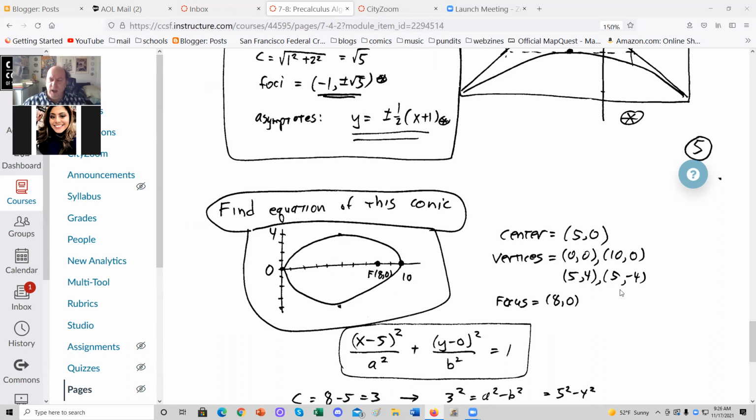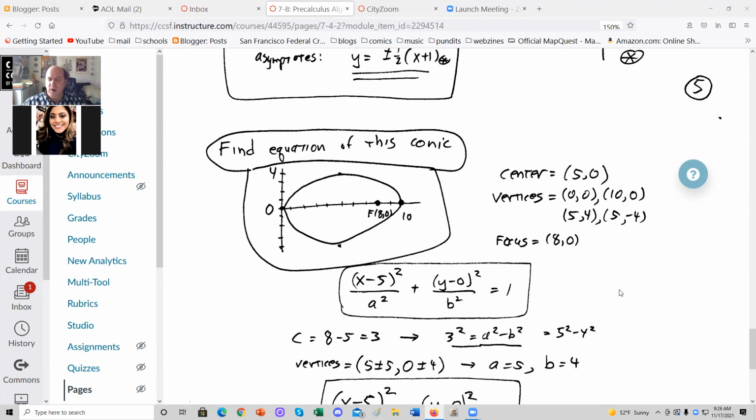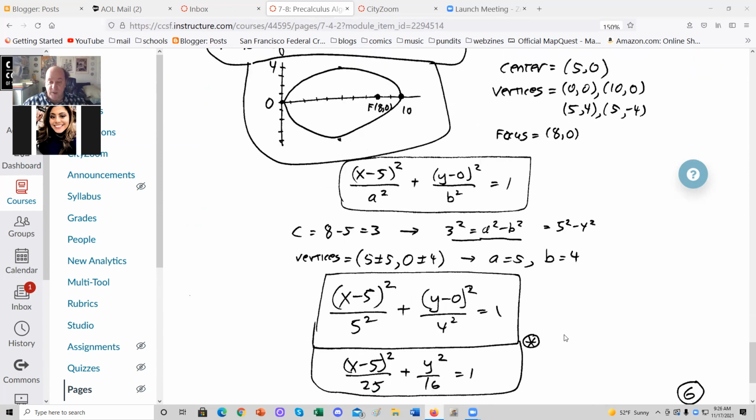Focus is at 8, 0. We can get the value for b from the 5 here and the 8 for c. So x minus 5 squared over a squared. C is 8 minus 5, which is 3. So 3 squared is equal to a squared minus b squared, that's 5 squared minus 4 squared, as befits.